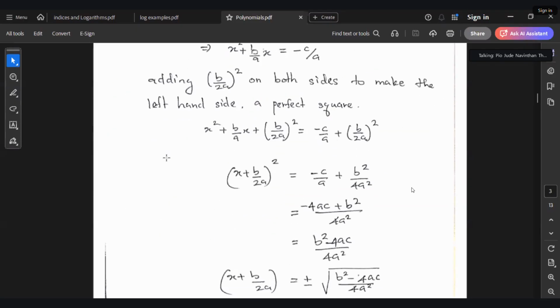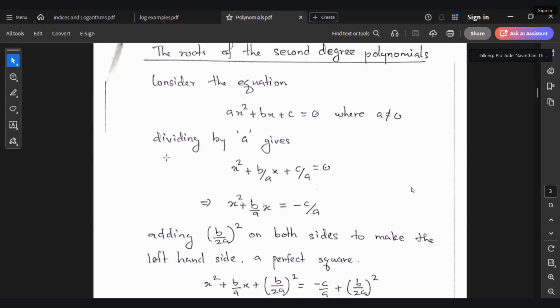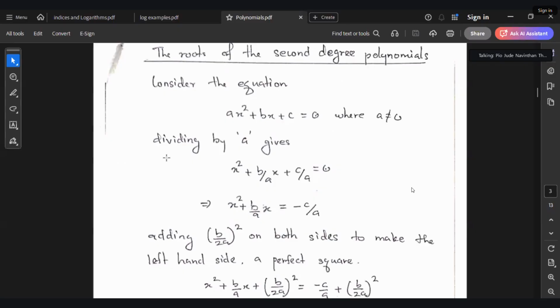Okay. The root of the second degree polynomial, this you have also already studied, right? ax square plus bx plus c is equal to 0. Here always a not equal to 0. If it is 0, what will happen? This part will not appear.